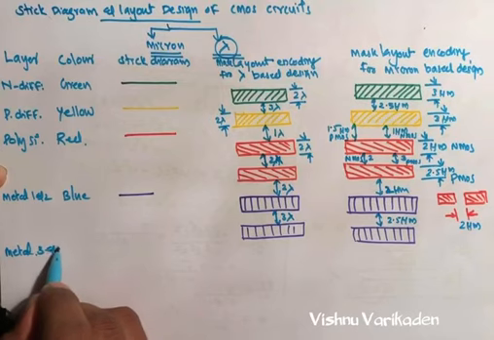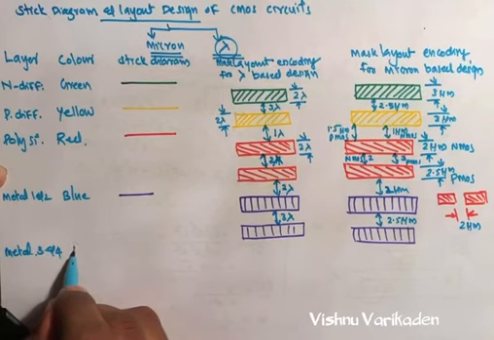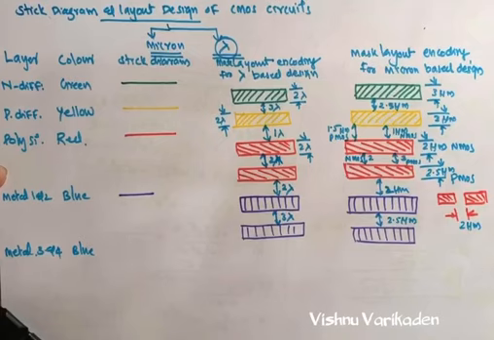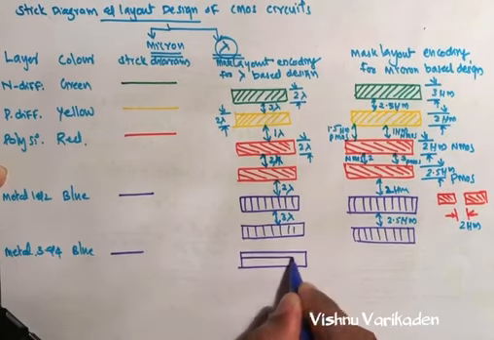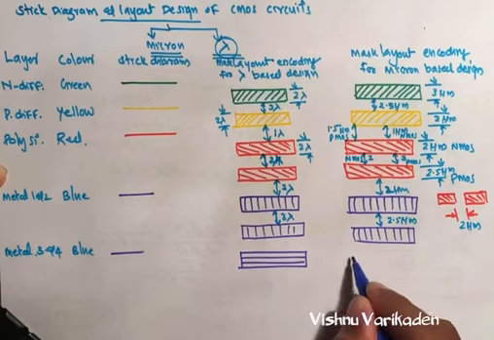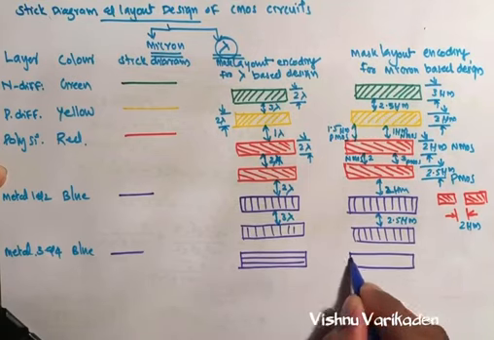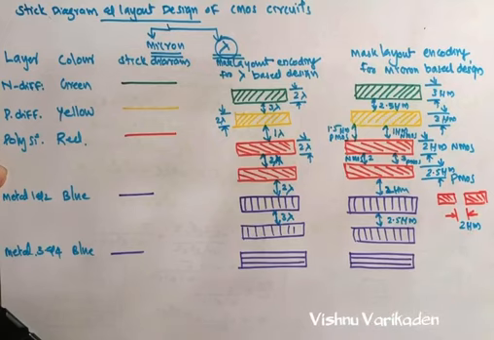So now we are moving to the next one, metal 3 and 4, that is also denoted by blue. So the symbol is like this. The section lines are horizontal, so the sizes are varied.